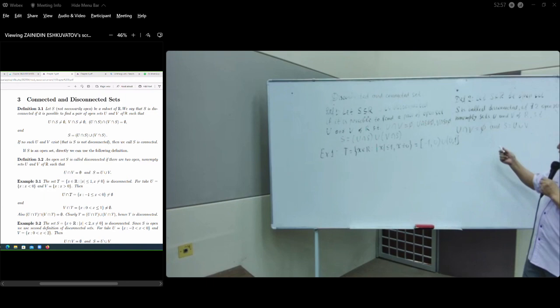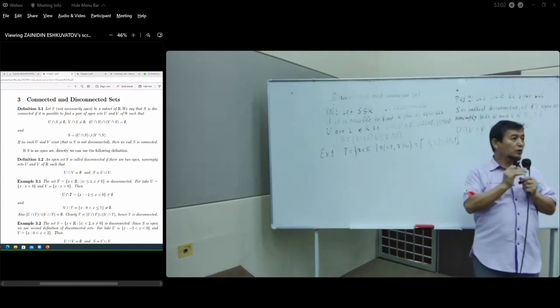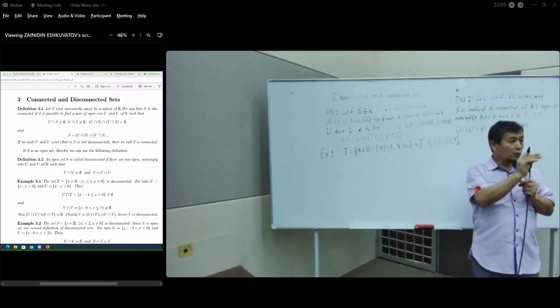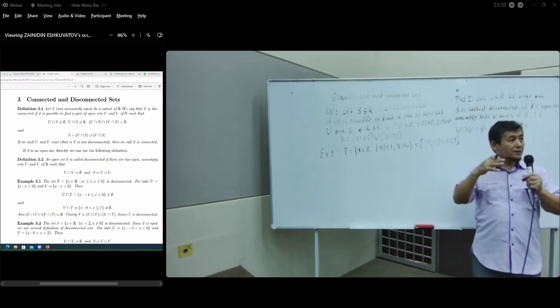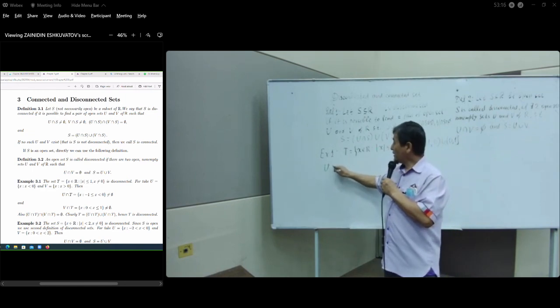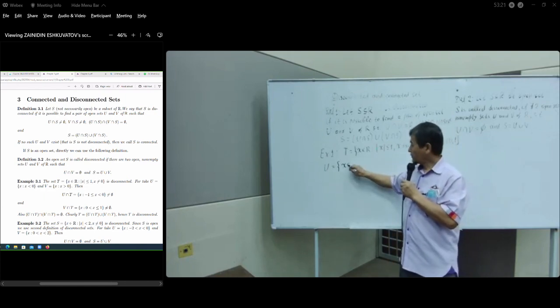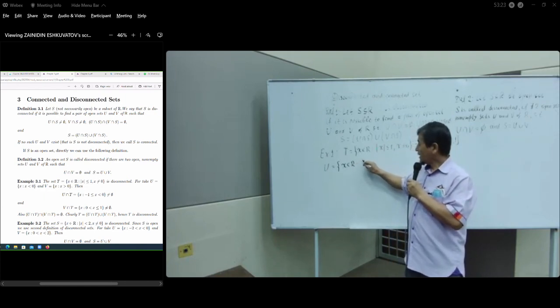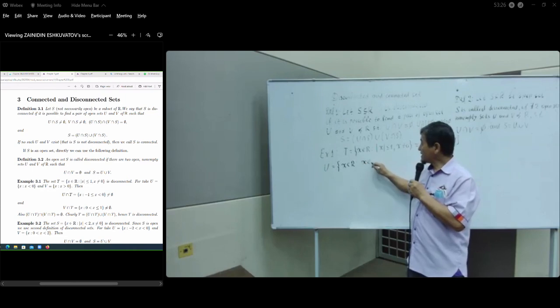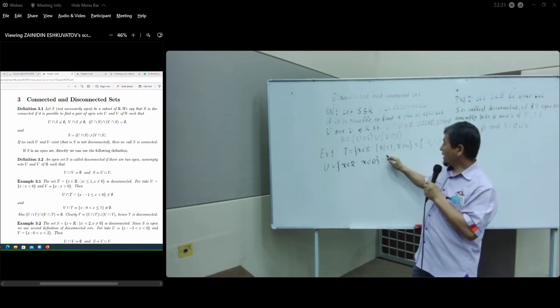Now look, if I apply the first definition for this example, how to find U and V, which must be disjoint open sets. I will write U as the set of x from R such that x is less than 0, or minus infinity up to 0.